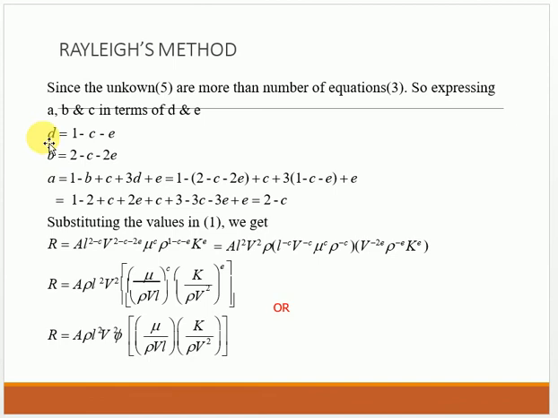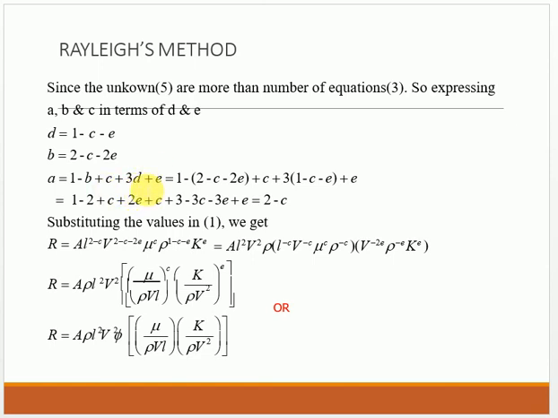So already we know the value of b and the value of d, so we're going to substitute the value of b here, 2 minus c minus 2e, plus c plus 3d.